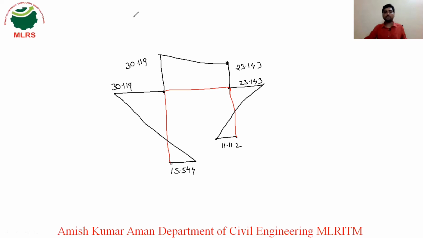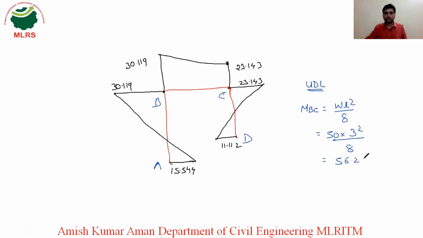Now we will draw for this loading condition, because if you take A, B, C, and this is your D, BC has a loading condition. What type of load is that? UDL. So for that we know the moment MBC will be WL squared upon 8. The W value is 50, the L value is 3, so 50 times 3 squared upon 8. We got 56.25 kilonewton-metres, but that is a UDL, so it will be a parabola.